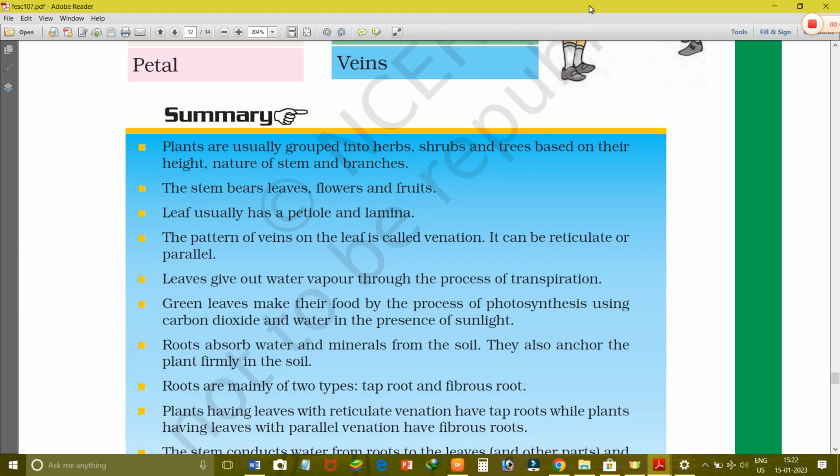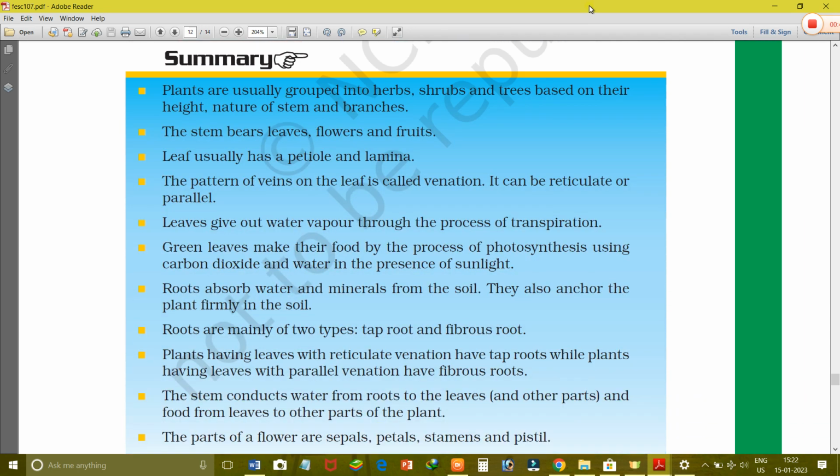Summary: Plants are usually grouped into herbs, shrubs, and trees based on the height and nature of the stem and branches. The stem bears leaves, flowers, and fruits. Leaves usually have a petiole and lamina.